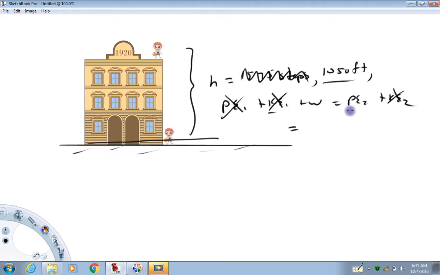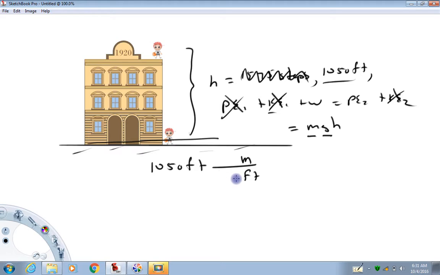So the work is equal to the PE2 term, mgh, where the mass is given, g is 9.8 meters per second squared. The only thing is we got a little bit of a glitch here. The height we are going to need in meters, because in part A, the units they're looking for are joules. So we're going to have to take this 1,050 feet and look up the conversion factor between feet and meters. We're going to want to multiply by a conversion factor that has feet on the bottom, meters up top.